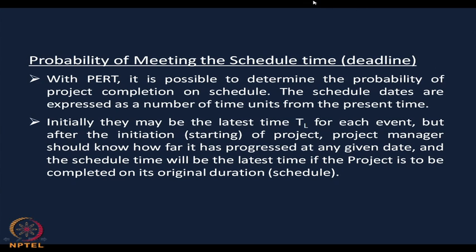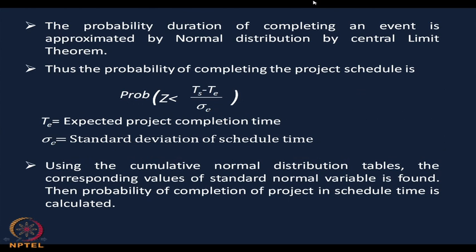That is, at the middle of the project, if I want to know what is the guarantee that the project will be completed on schedule or not, for that we are using this.